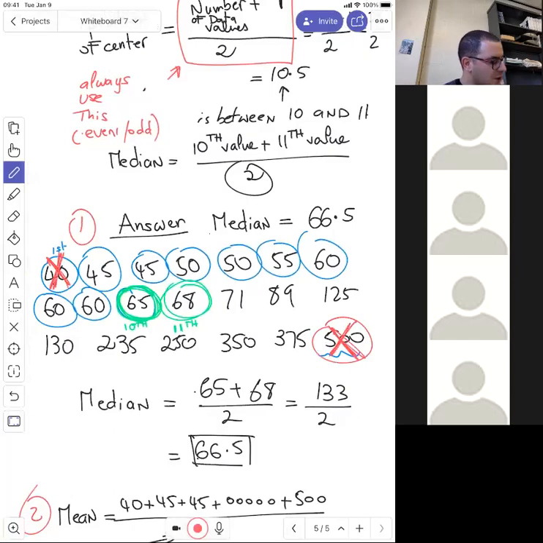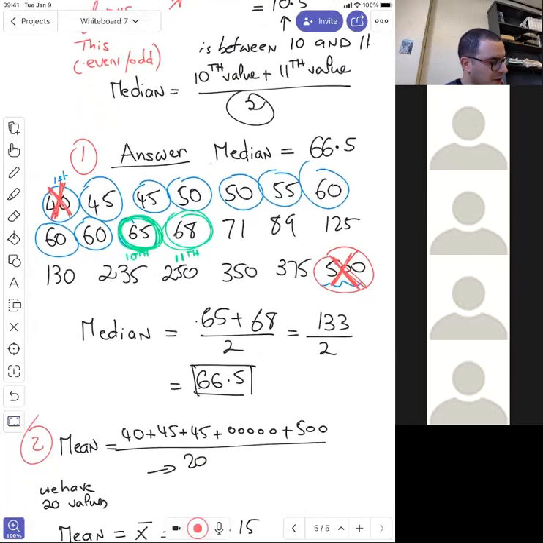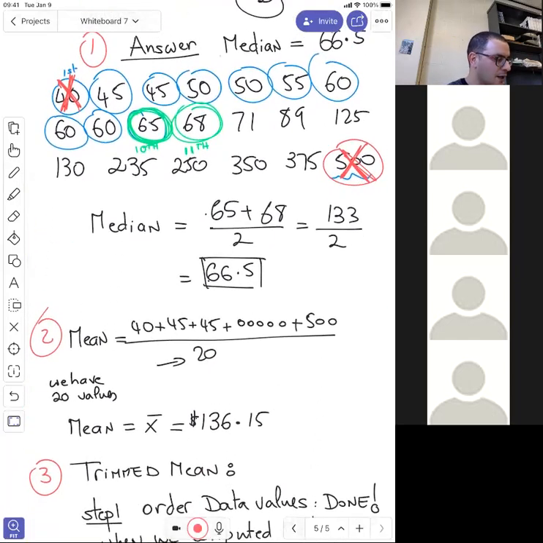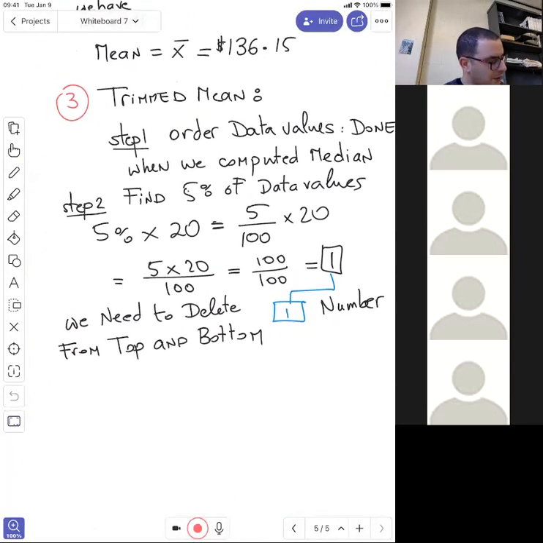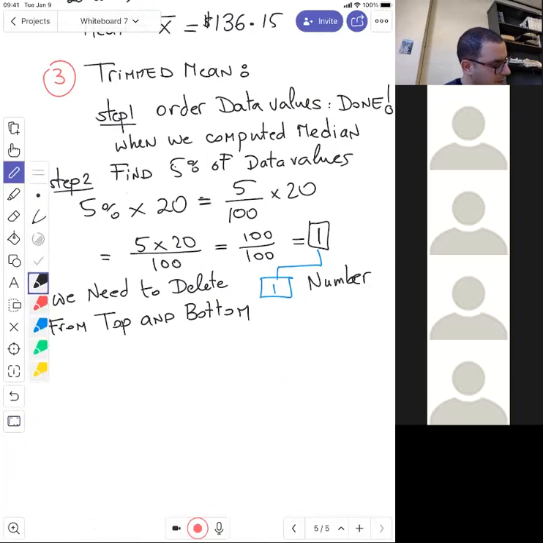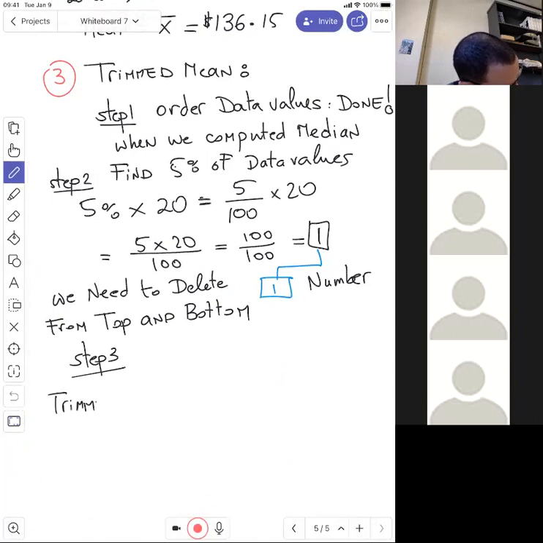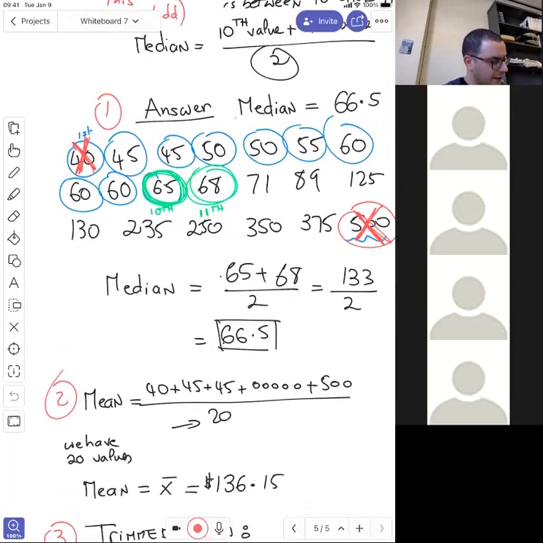So now in the trim mean, we start with the sum of data values. So now step 3. In the trim mean, we start with 45 now. I have two 45s, right?